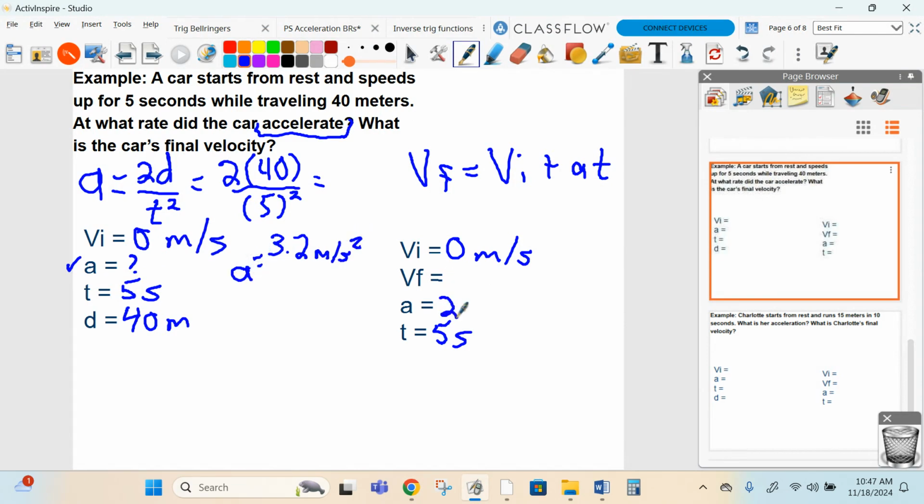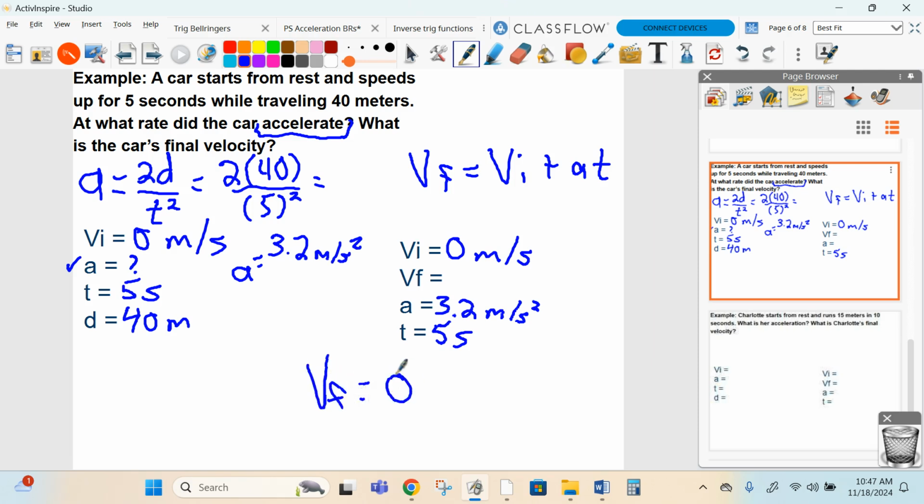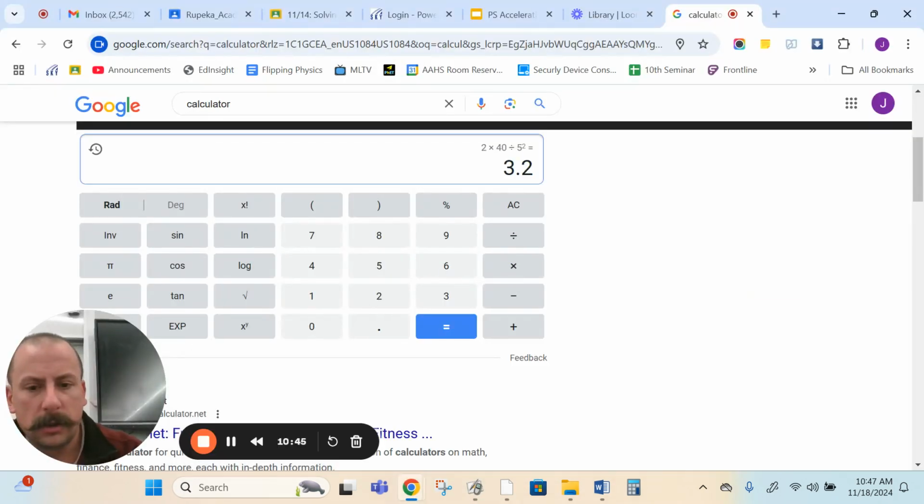And whenever I know the acceleration, I can use that over here to solve for VF, where VF equals 0 plus 3.2 multiplied by 5. And I can just type this right into my calculator. 0 is just 0.